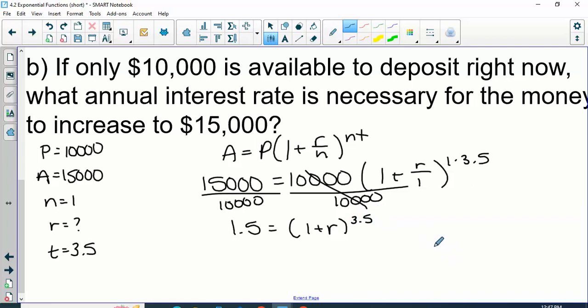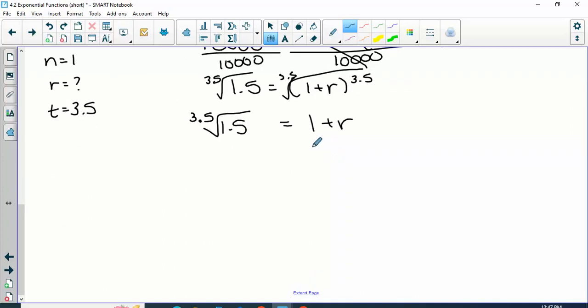How do we get rid of that 3.5 power? If it was a square, you would add a square root, so here we're adding a radical. Okay, I try to avoid plugging this in the calculator until the very last moment so that I don't have multiple roundings in the same problem. So then what would you do to get r by itself? Subtract the 1.